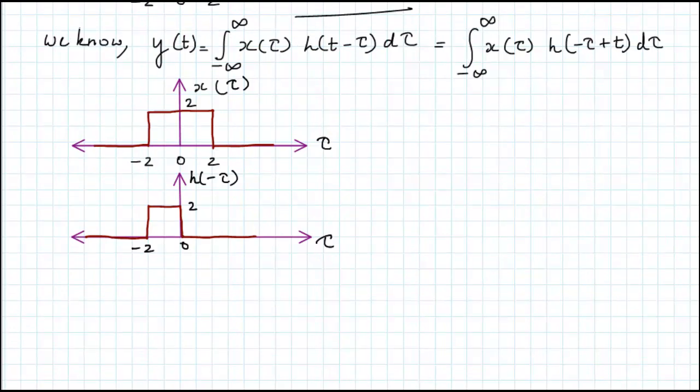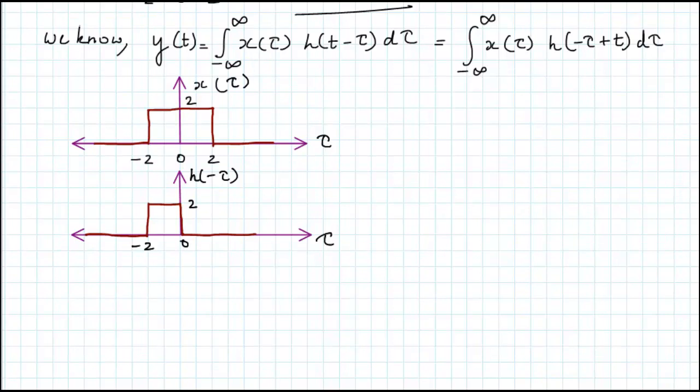Now here what I would always recommend is that you shift the signal such that the starting end of the signal, and the leftmost part of the second, that is x of t, are both on the same axis.